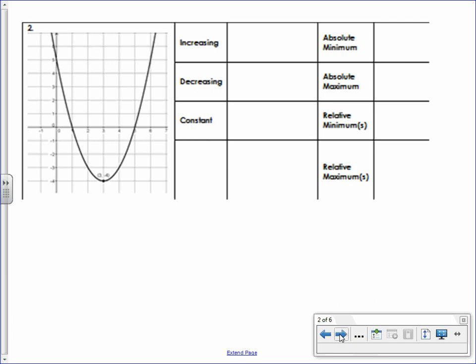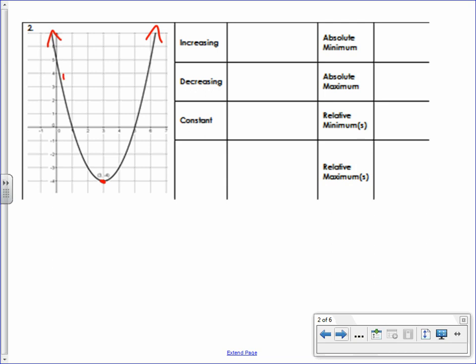Looking at number 2, first of all, our eyeballs need to look at what's happening at the end of these graphs. I've got arrows, and they go up forever, okay? Now, whenever I'm looking at it, I see this spot right here, and that's where my graph is changing directions.